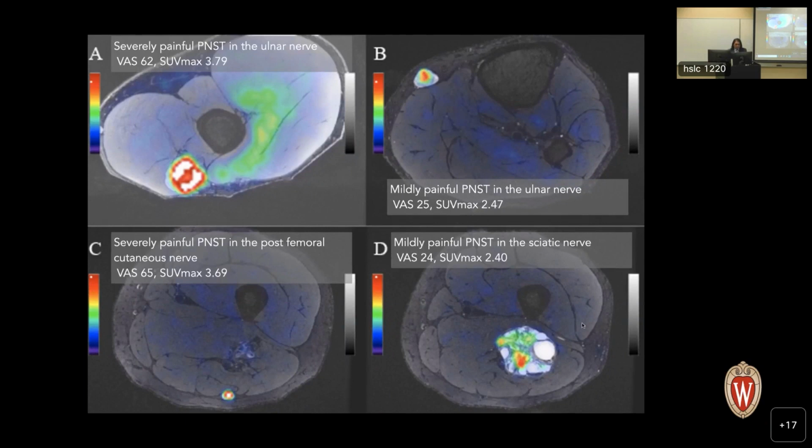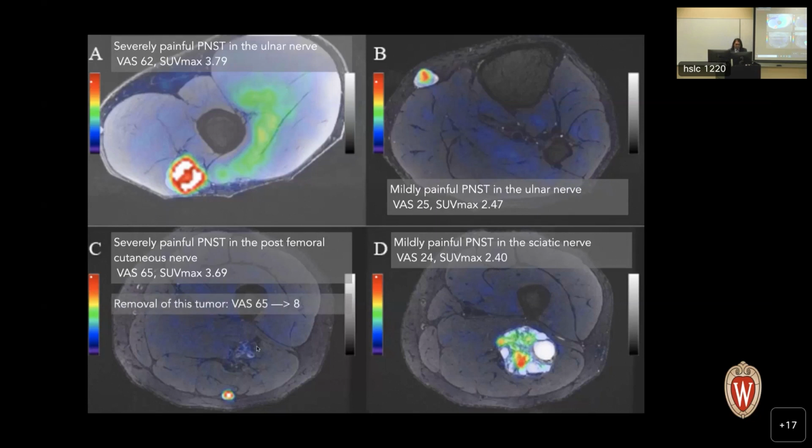This is a different patient on the bottom row showing a painful peripheral nerve sheath tumor of the posterior femoral cutaneous nerve. Again, VAS score 65 and an SUV max of 3.7 compared to a less painful one in the same leg, of the sciatic nerve, with a VAS of 24 and an SUV max of 2.4.